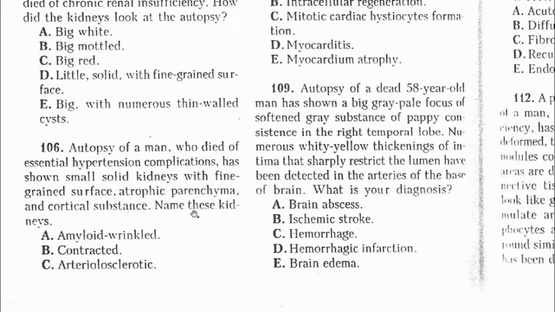This is a term that is used to describe kidneys that have been what? Strengthened. So we call it primary contracted kidneys. Contracted. To contract means to be strengthened. And this is the kidney. So your answer is B.